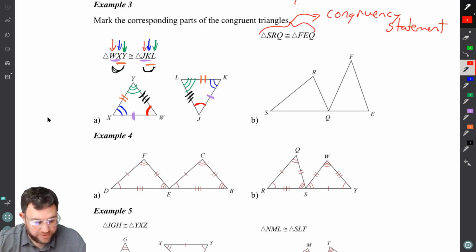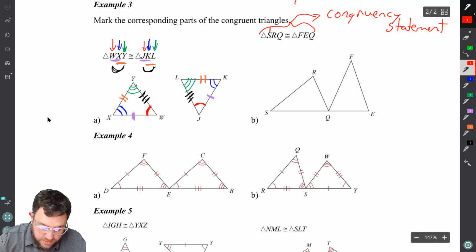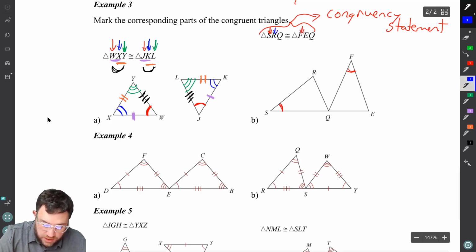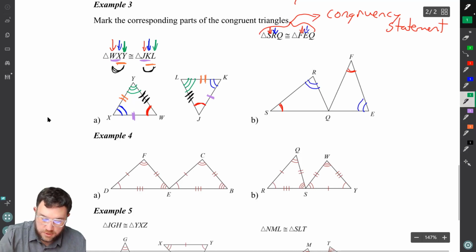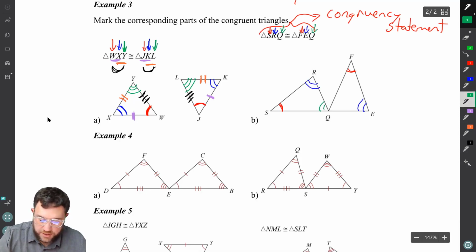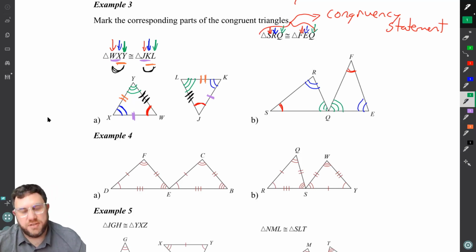For example 3B, we start with S. Angle S corresponds to angle F. Angle R corresponds to angle E. And then angle Q corresponds to the other angle Q. Now, technically we shouldn't call this angle Q because there's multiple angles there.